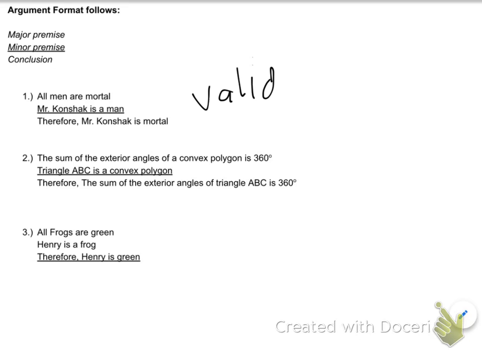Does that make sense why that's a valid argument? Okay. Is it a valid argument, guys, if I change this a little bit? What if I change this? Oops, that's not going to work.